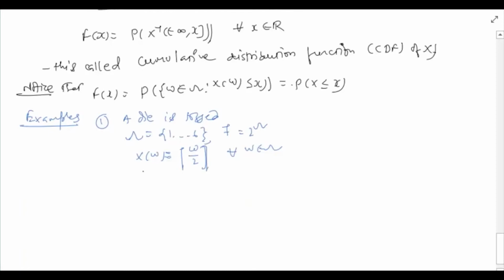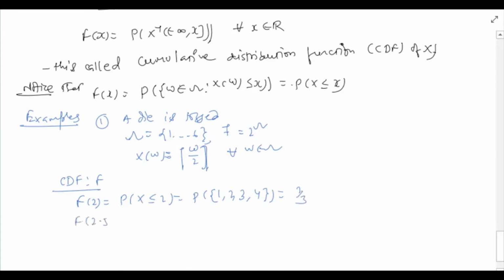We have already seen that such an X qualifies as a random variable. We can define the cumulative distribution function F of this random variable as follows. So for instance, F of 2 would be the probability that X is less than or equal to 2, which is nothing but the probability of the set 1, 2, 3, 4, and this will be 2 by 3.